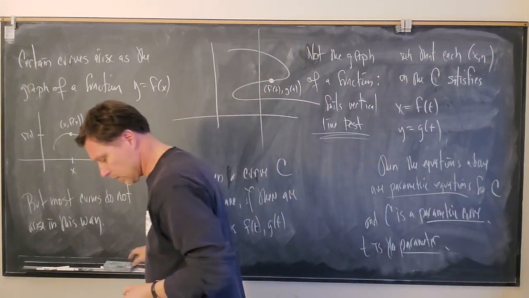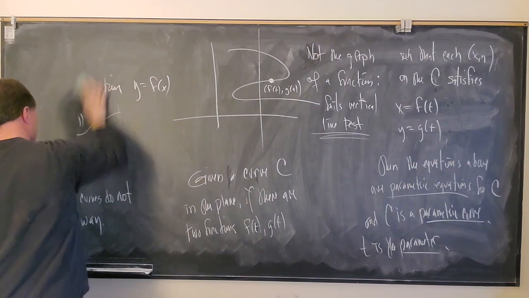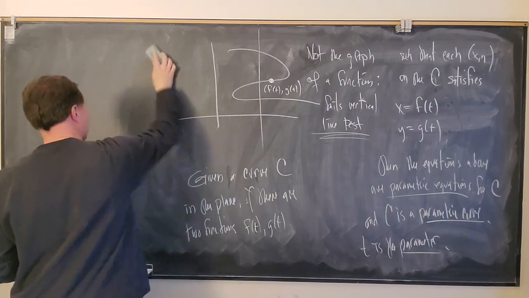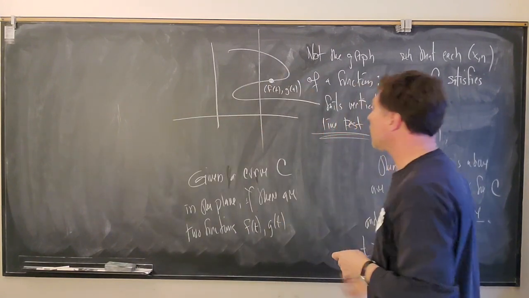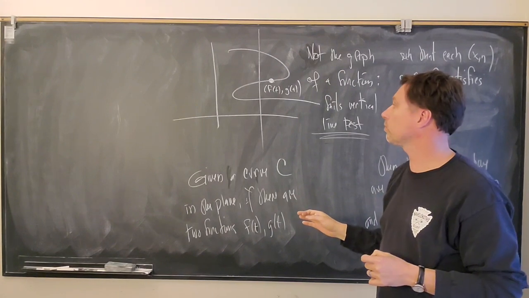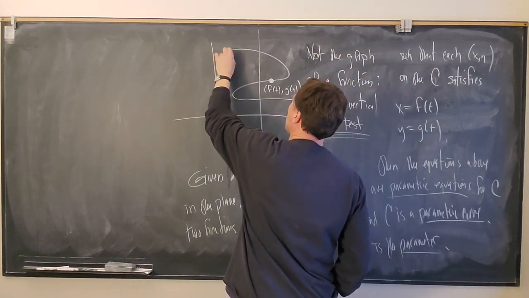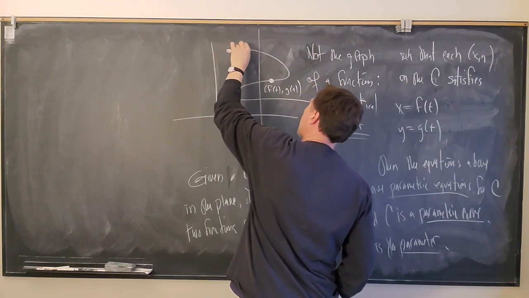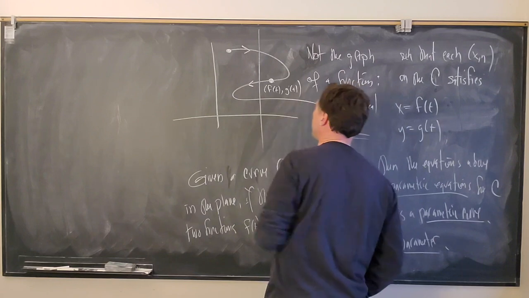There are times when our curves have a starting point and a stopping point. And you can think of this as, in fact, there's a reason we choose t. You want to think of this as the motion of some particle in time, or the path of some object in time. And so perhaps here's our starting point, and we travel along the curve, and eventually we get to our ending point right here.